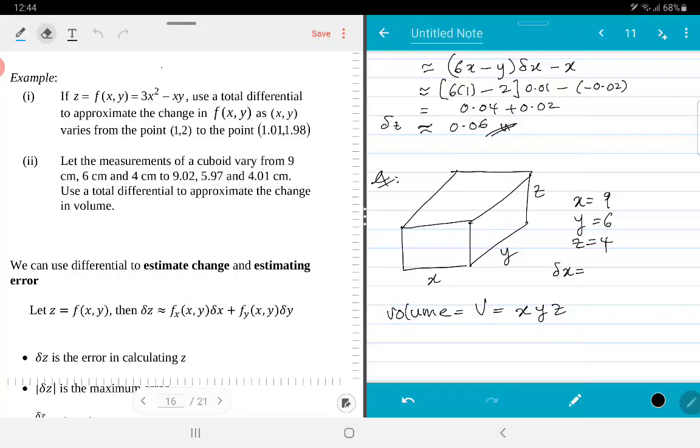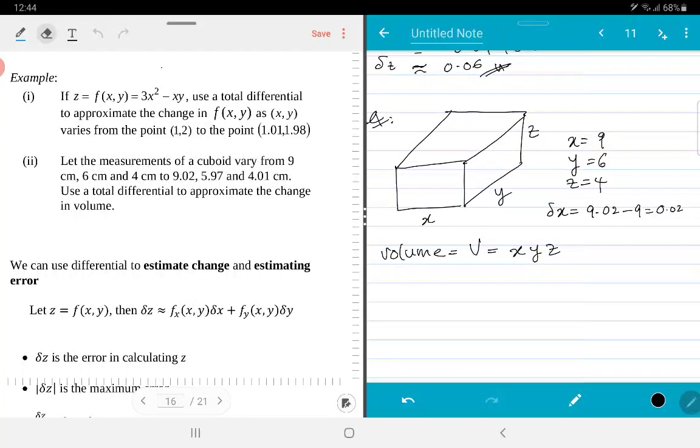From there we can get delta x, delta y, and delta z. Delta x is 9.02, the new value minus the old value, so that would be 0.02. For delta y, it's 5.97, so it decreased by negative 0.03.